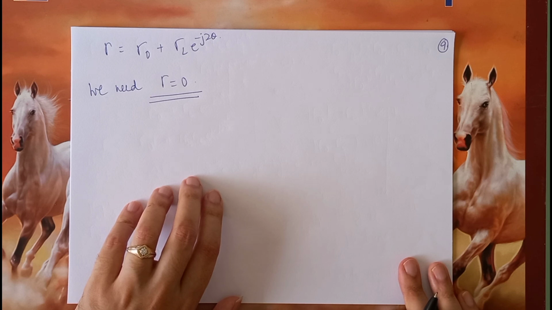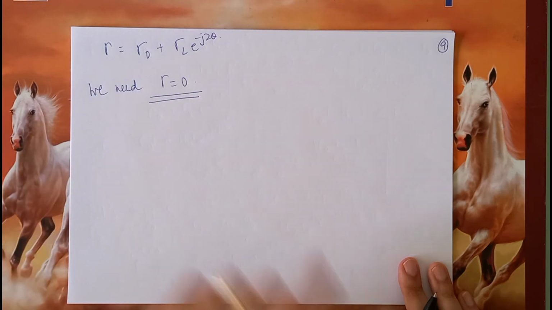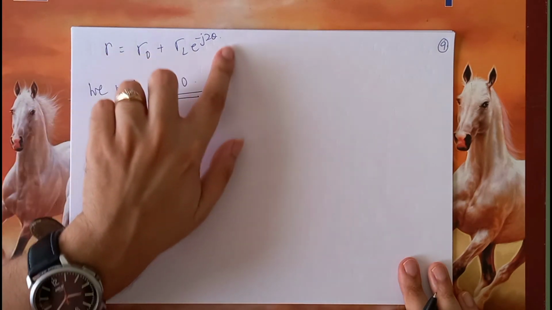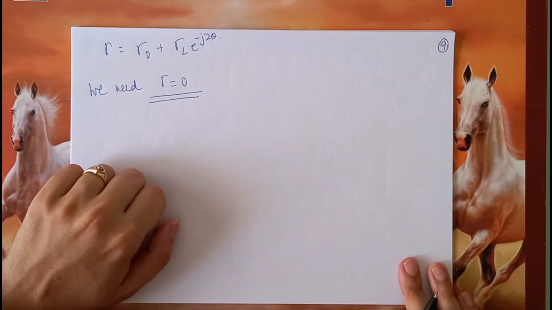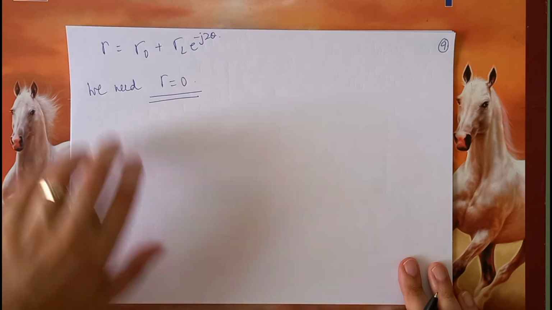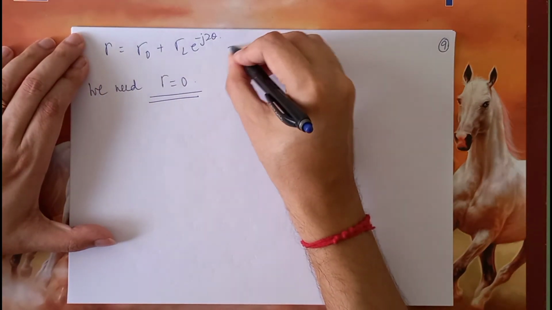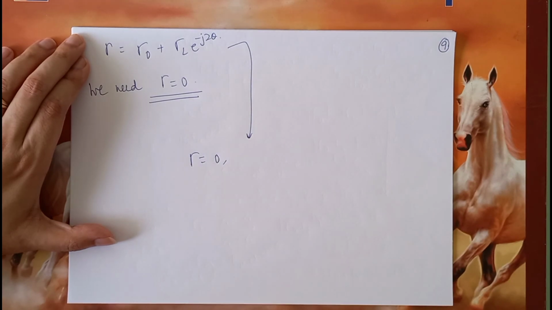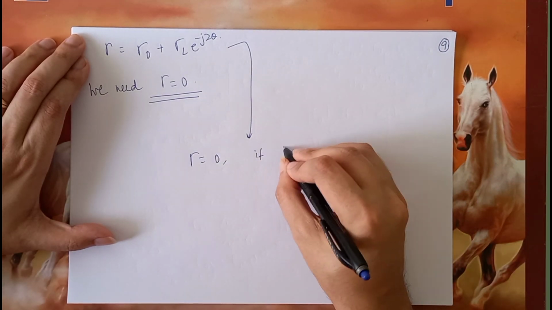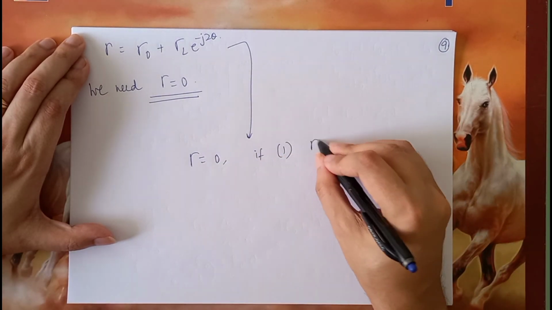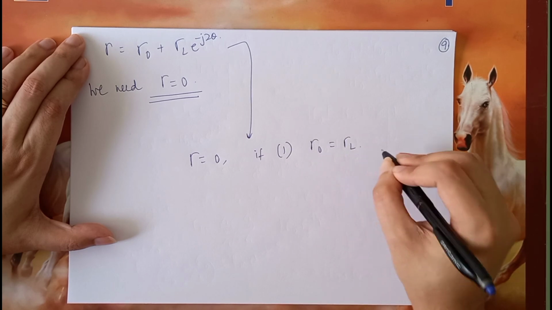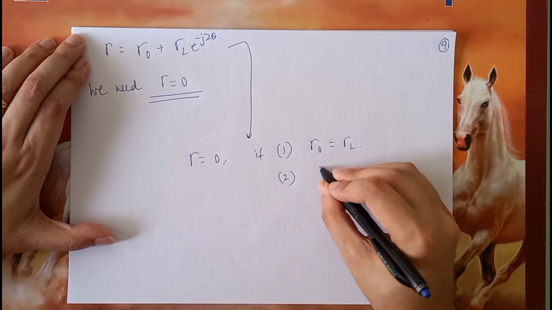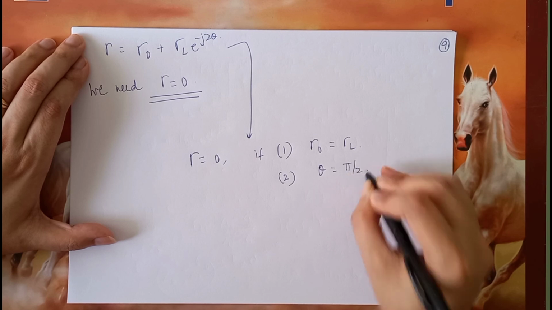Then let us ask ourselves, under what conditions in this equation will gamma be equal to 0? So in this equation, gamma will be 0 when, let us take a special case, two conditions are satisfied: gamma 0 is equal to gamma L, and secondly theta equals pi by 2.